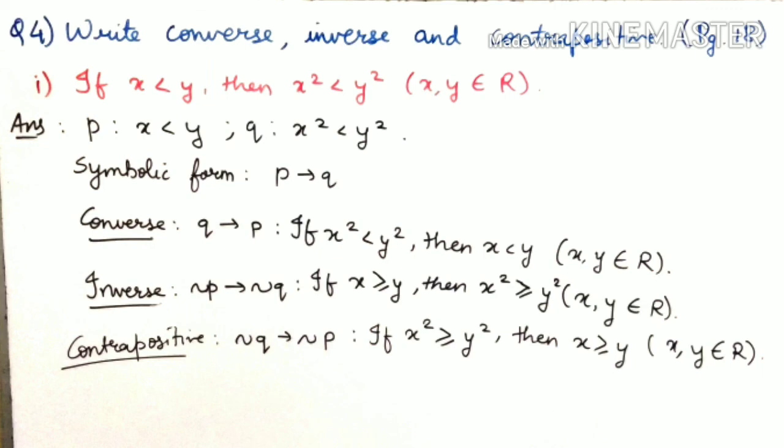Now consider P as x less than y, Q as x square less than y square. Then first converse is, symbolic form is Q conditional P, and the answer is if x square less than y square, then x less than y.